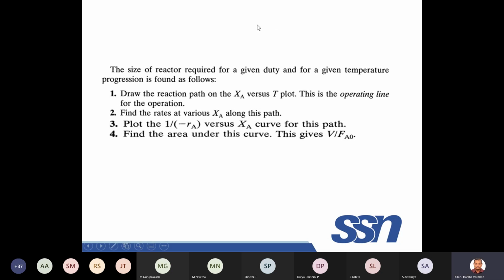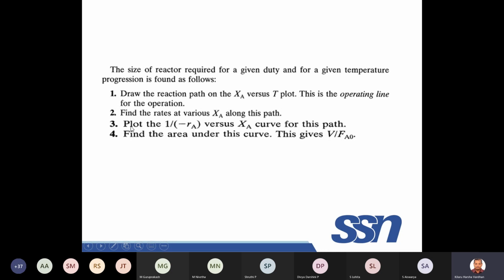The size of a reactor required for a given duty, in the sense either it is conversion or concentration or whatever it is, for a given temperature progression, is as follows. For a given temperature, the size of the reactor for a given duty, either for a particular concentration or a particular conversion.